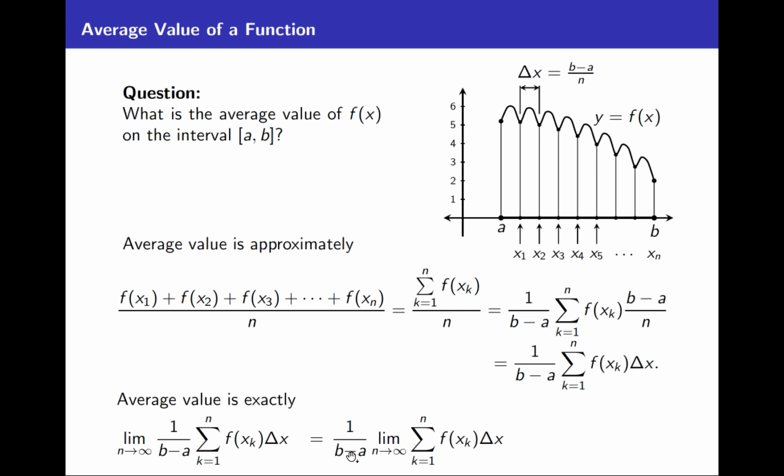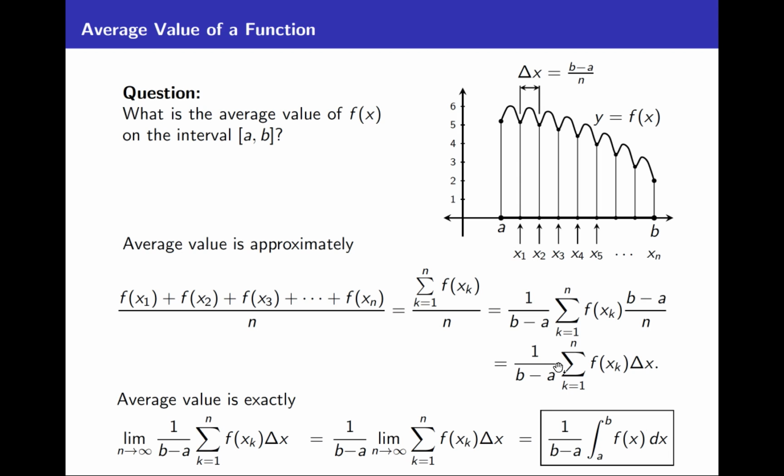So you get 1 over b minus a times the limit as n goes to infinity of the sum from k equals 1 to n of f of x sub k delta x. Now, this limit, you'll recognize as the definition of a definite integral. That's the definite integral from a to b of f of x dx.